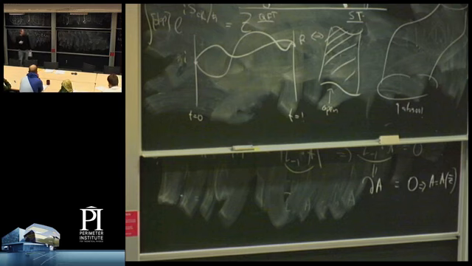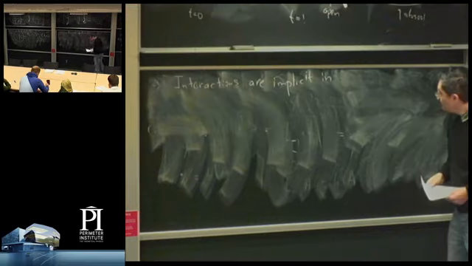In other words, the interactions are implicitly present if you think of the path integral as a sum over all surfaces. So interactions are implicit in world sheet topologies.